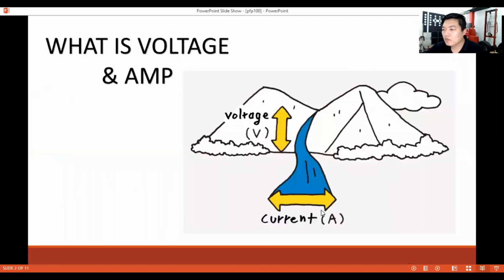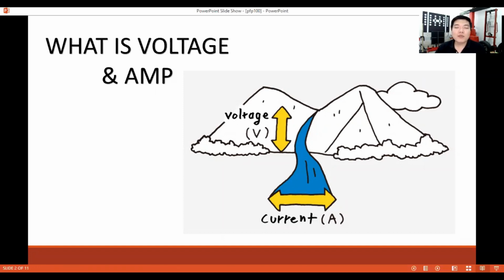Okay, let me go through some basics, because this is what you need to know. There is a lot of knowledge about batteries, but the most important are the voltage and the ampere.